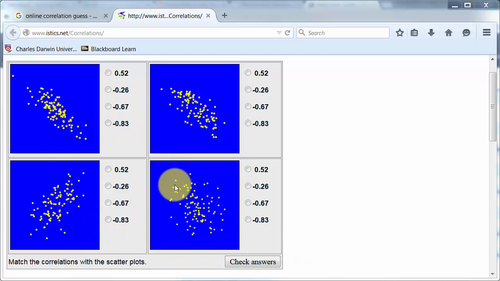And the four graphs here, which I'll get to in a minute, clearly are for quantitative variables on both axes because there's a lot of different values being taken on. So if we go across the x-axis, there's a lot of values and a lot of different values on the y-axis.